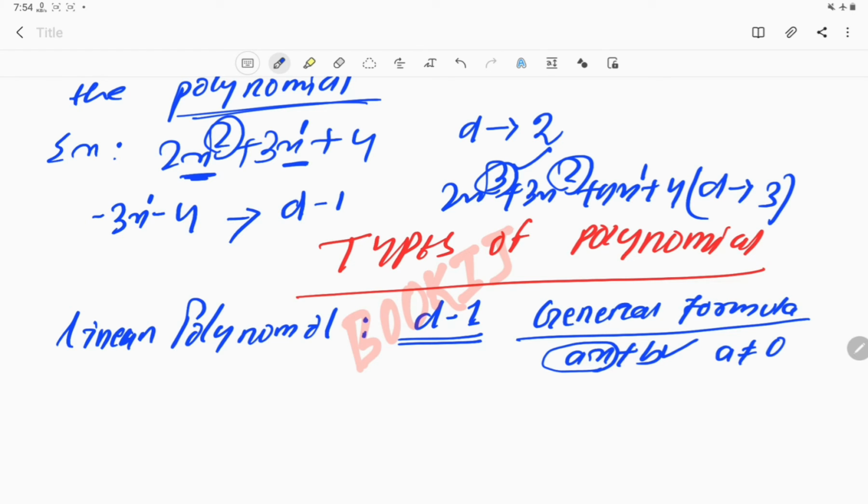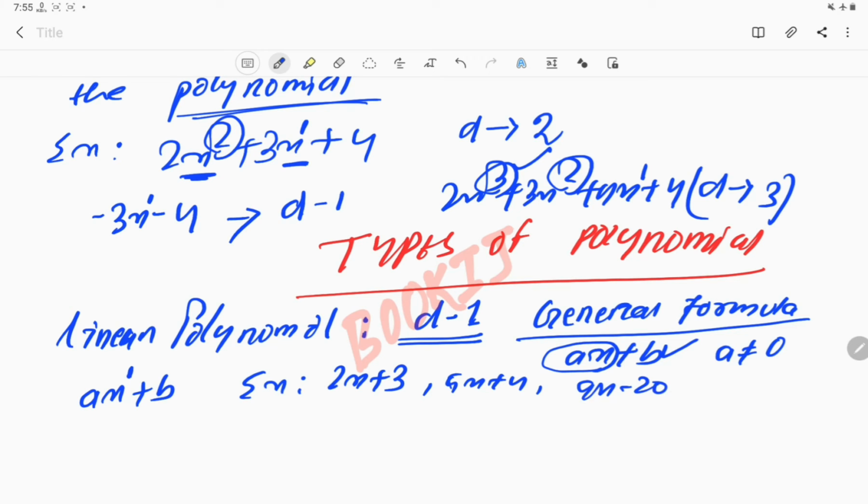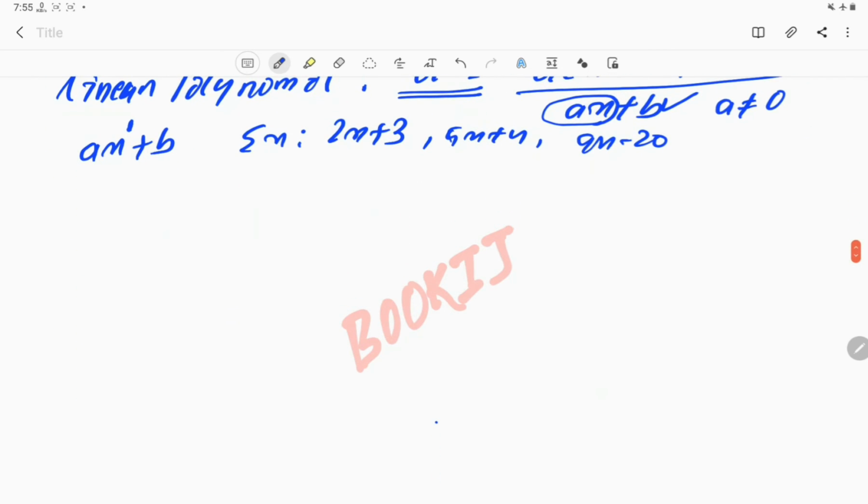Hence the general formula of your linear polynomial is ax plus b, and it has degree 1. X has the power 1, hence it has degree 1. Some examples we can write as 2x plus 3, then 5x plus 4, then 9x minus 20. These are the examples of your linear polynomial.